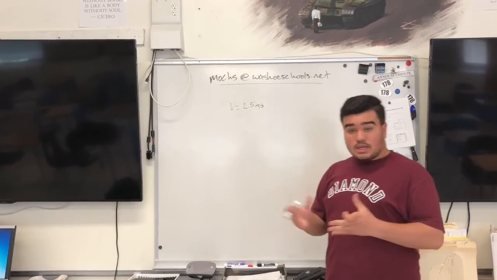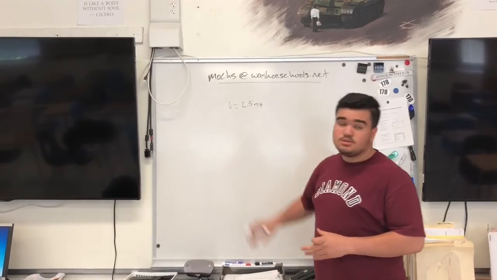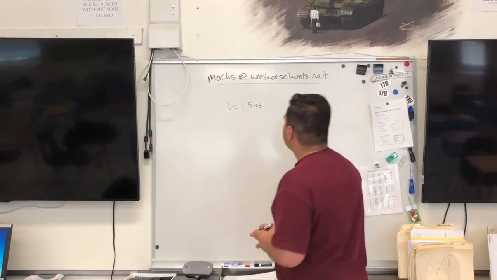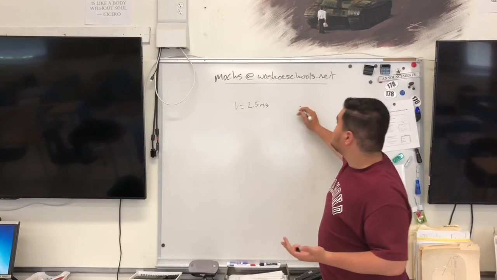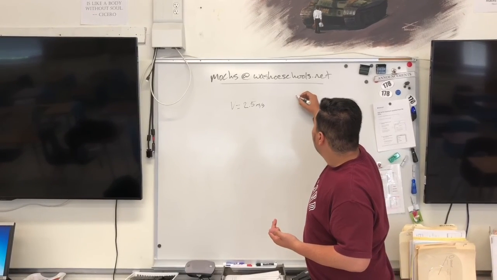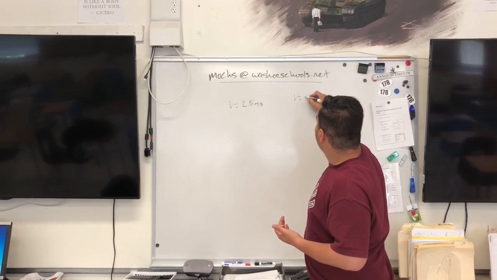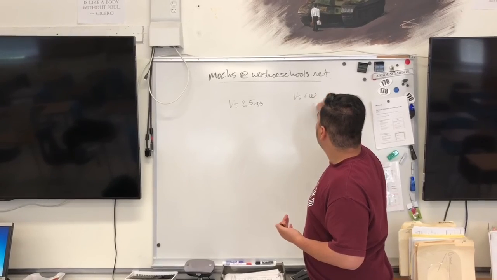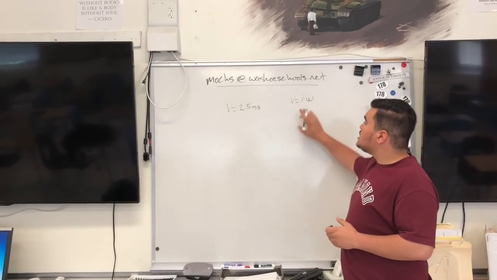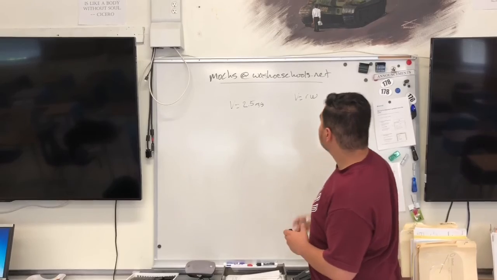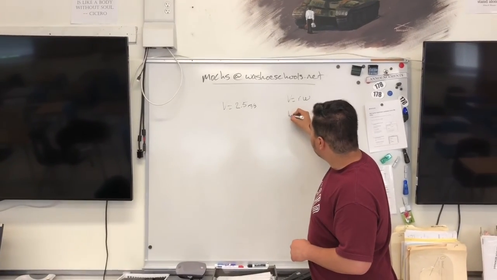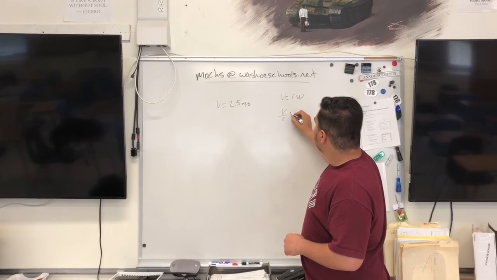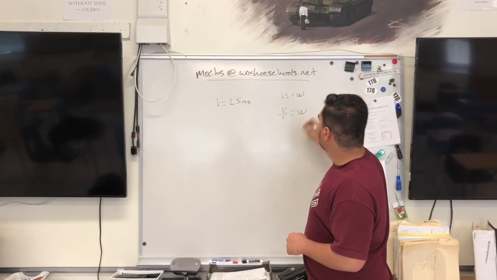Now what we're going to do next is we're going to change this answer to radians per second. So what we're going to do now is we're going to use a wormhole equation. V equals r omega, and we're going to be solving for omega in this. So modifying the equation just a tad, we're going to have v over r equals omega.